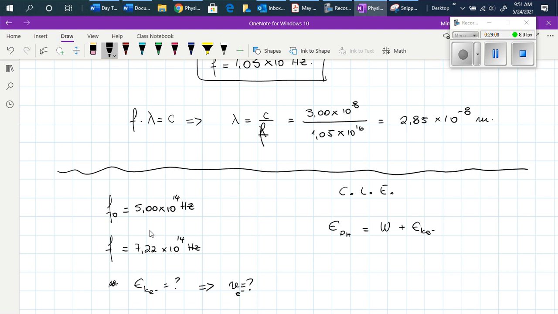When a photon strikes the electron, all the energy that the photon has is given to the electron.